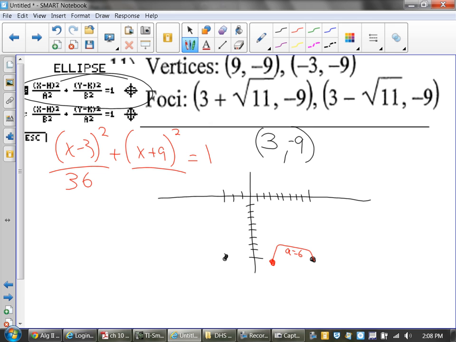Now I have to figure out my focus. Notice what they did here with the focus. They have 3 plus root 11, 3 minus root 11.